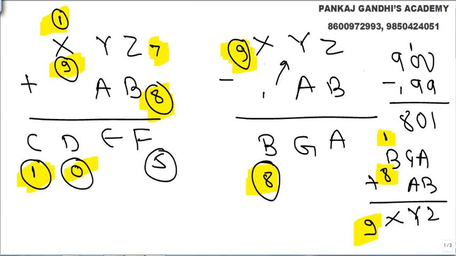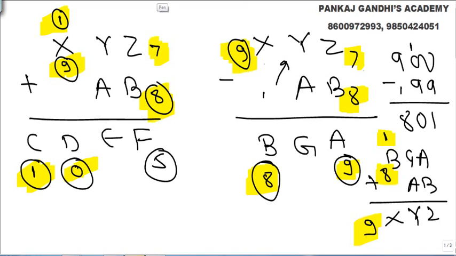Now if we take Z as 7, quick check: 7 and 8 we get 15, and 17 minus 8 we get 9. But it's not possible, X is 9 and A is 9.